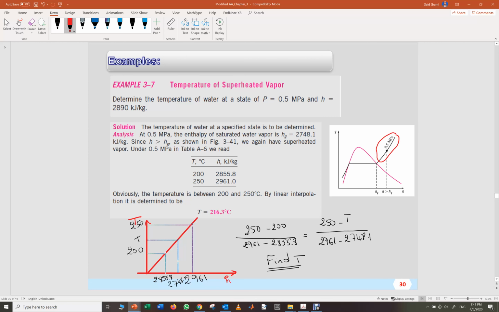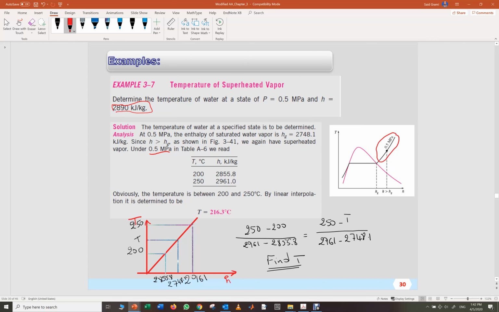We again have superheated vapor at 0.5 megapascal, so the pressure is 0.5 megapascal, and we can use the table of superheated vapor. If we look for the enthalpy given, which is 2890, in the table there is no value of 2890, so in this case we have to make interpolation.